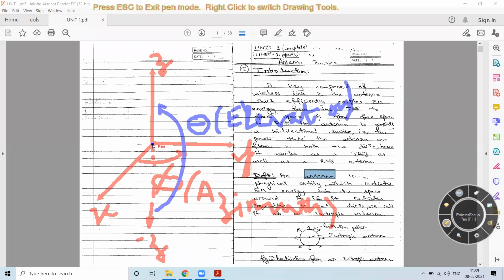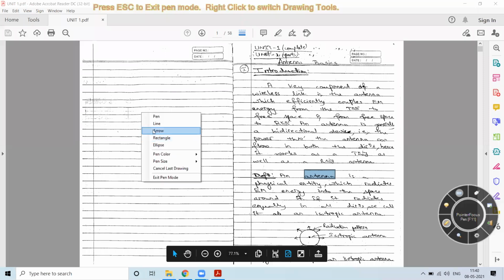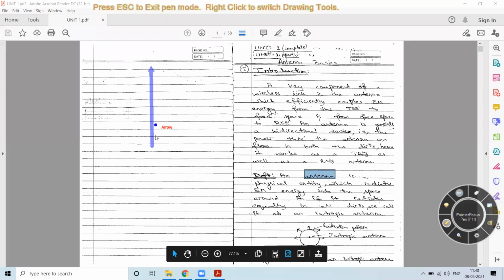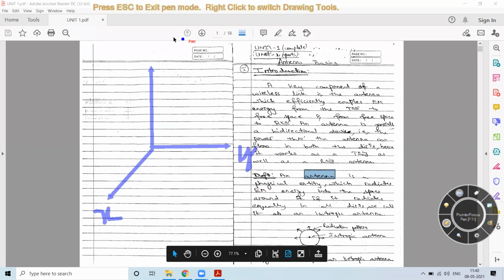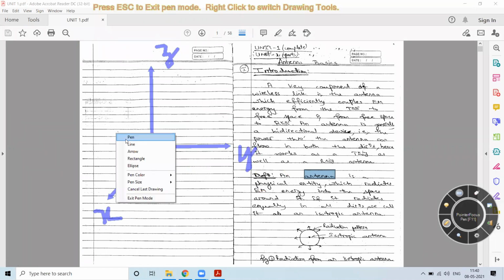Now imagine that you have an antenna present over here, with Z, Y, and X axes. Now I'll consider a particular distance, say at a distance r.